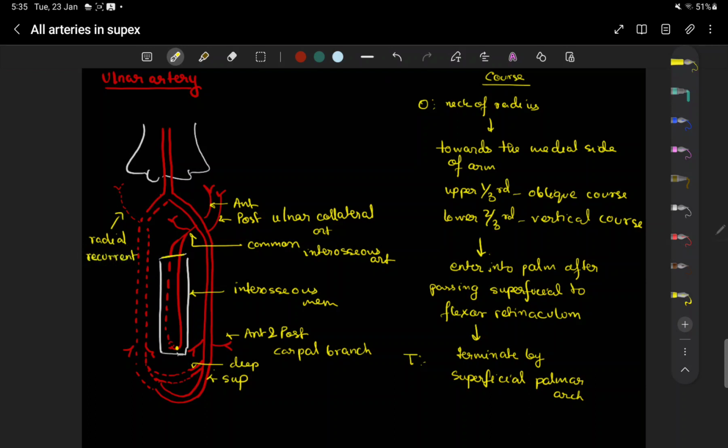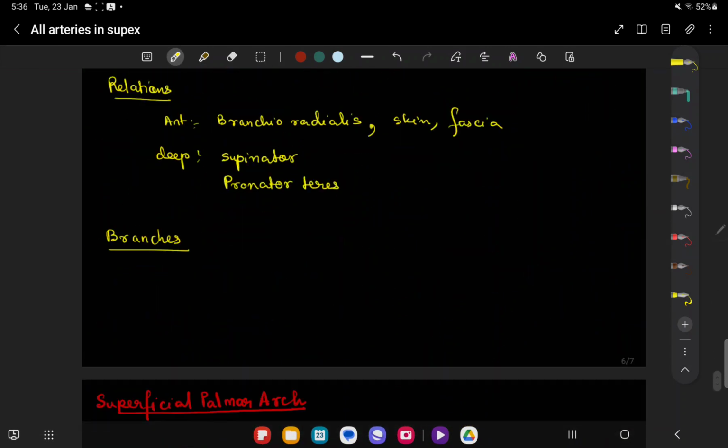Also we would have the palmar carpal branch, and also the arteria radialis indicis and arteria princeps pollicis, and also various muscular branches which will supply the muscles of the forearm. Okay, so that's it for the radial artery.